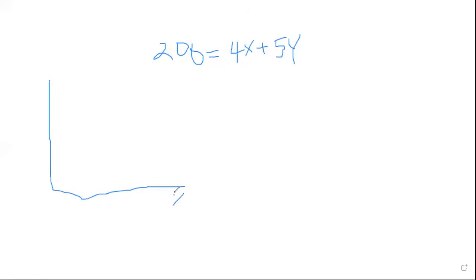So we have commodity X on the horizontal axis, and then we have commodity Y on the vertical axis. So we got 40 here. So we had 50 here, and then we had 40 here.